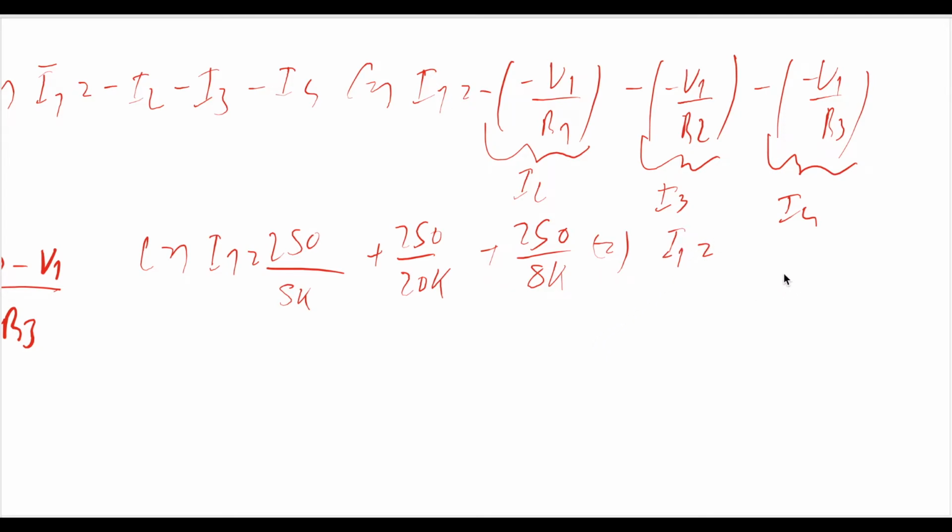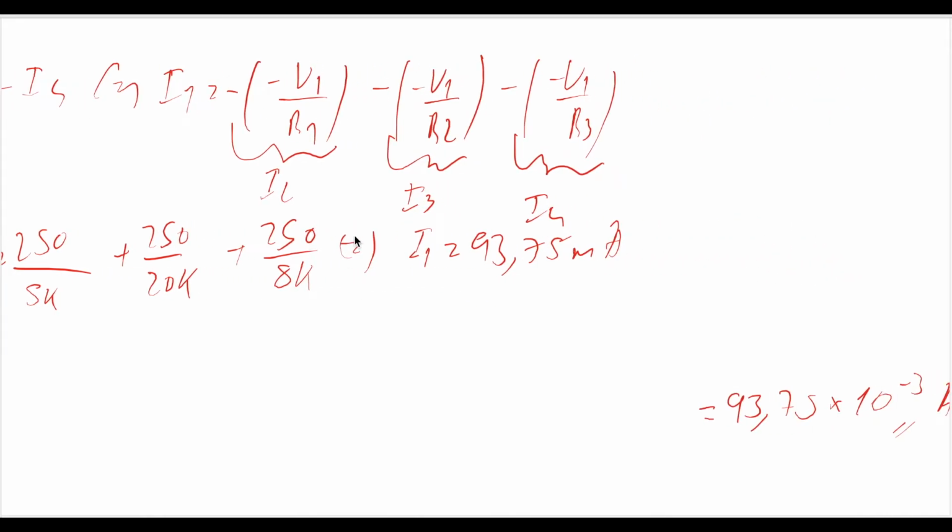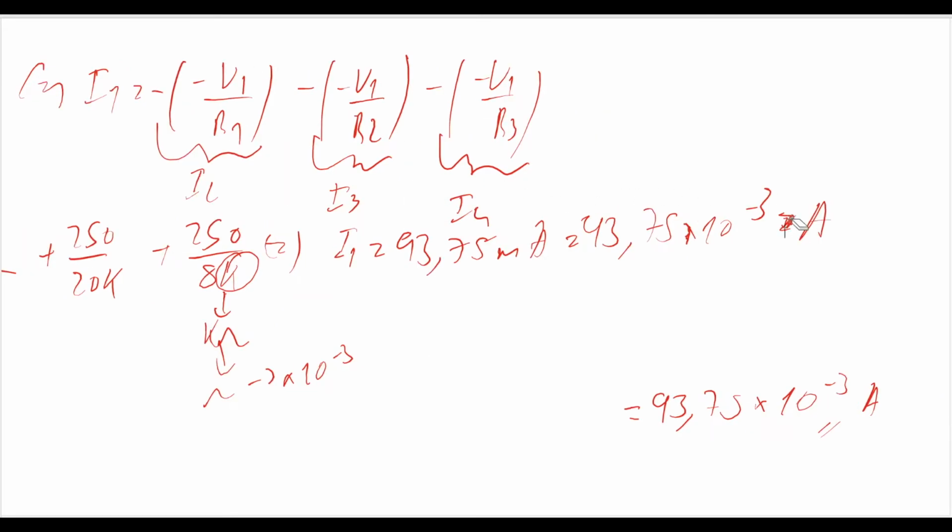If you put this on the calculator, it will give you 93.75 milliamps. It's in milliamps because this is K, kilo ohms. If we convert to ohms, we need to multiply by 10 to the power of 3. So this will be 93.75 times 10 to the power of minus 3 amps. Easy, right?